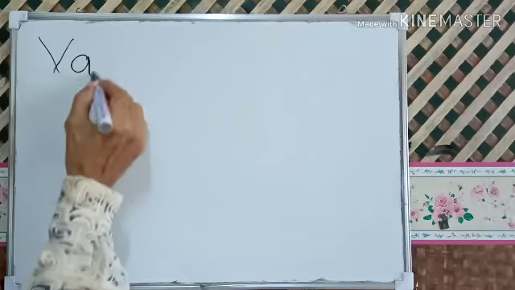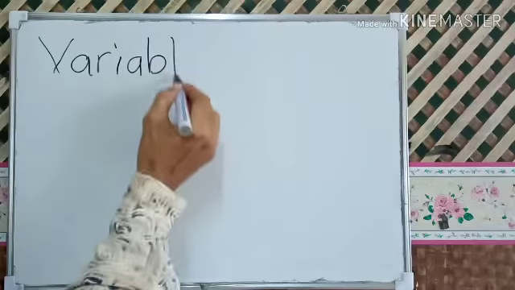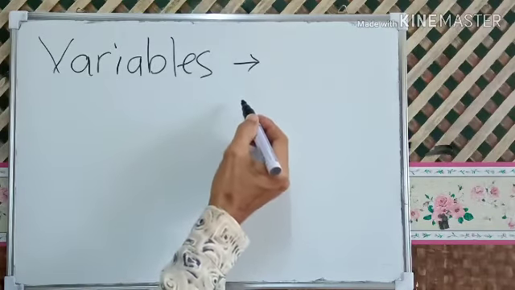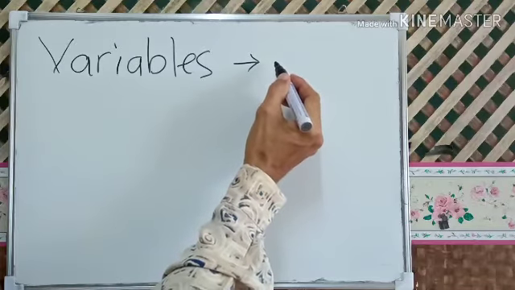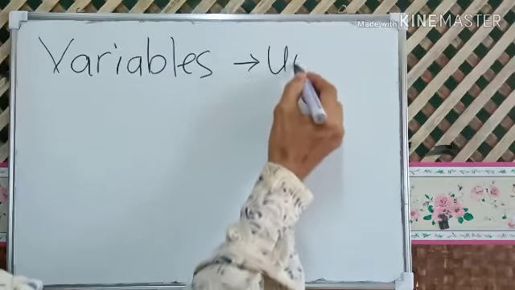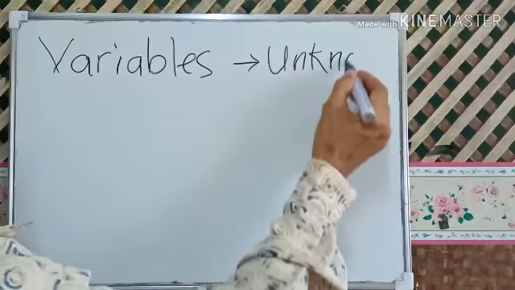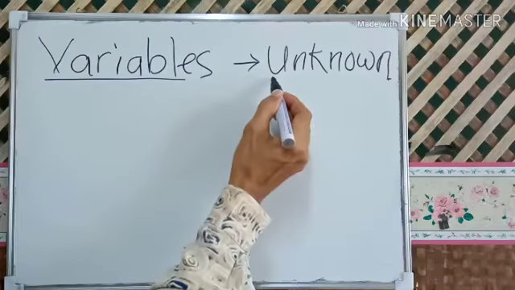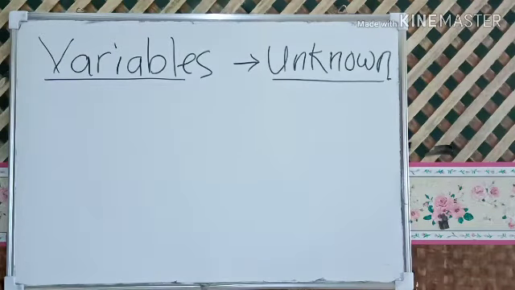Variable actually represents unknown. This means we still do not know the exact value for the variable.